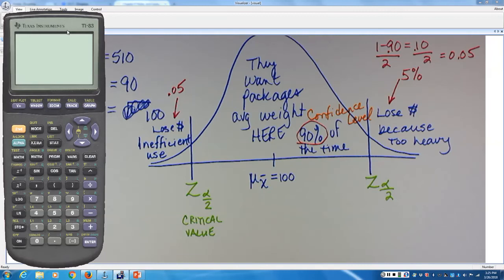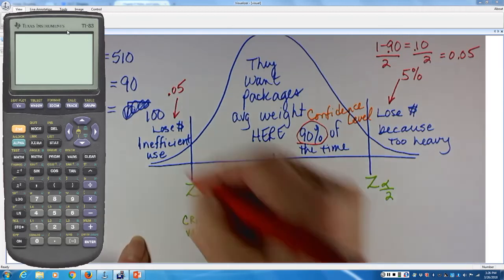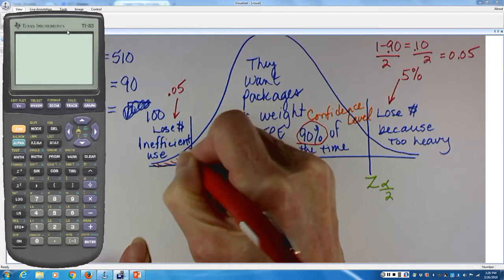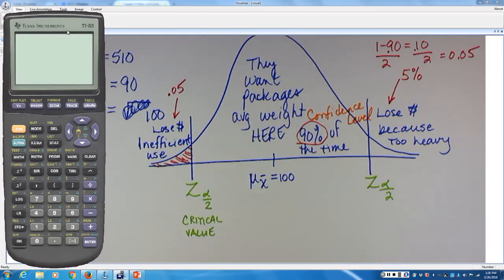Now, we can put what we've already learned together to figure this out. If I'm trying to find this critical value here, what I'm trying to find is the Z value that puts 5% to the left of that Z value in the tail. And that's an inverse norm problem.